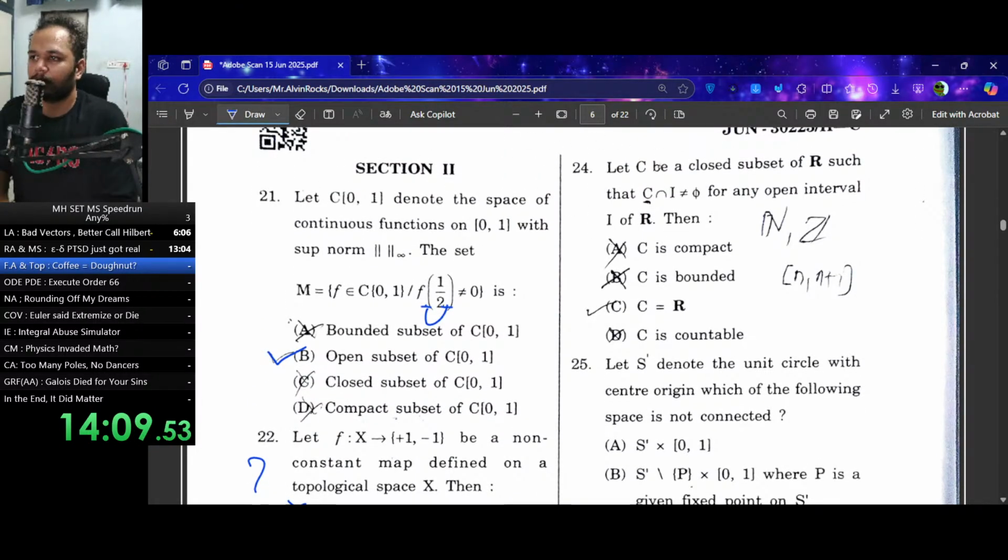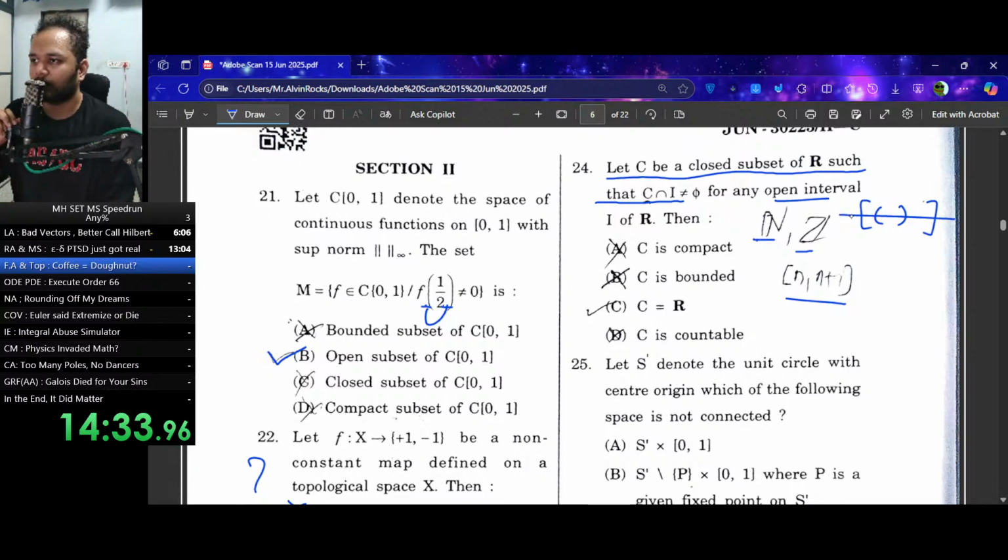Alright, coming to this one. So it's C with the closed subset of R. If an open interval is intersecting with a closed subset, and closed subsets could be natural numbers, integers, or a closed interval. It is saying for any, so it should always be non-empty.